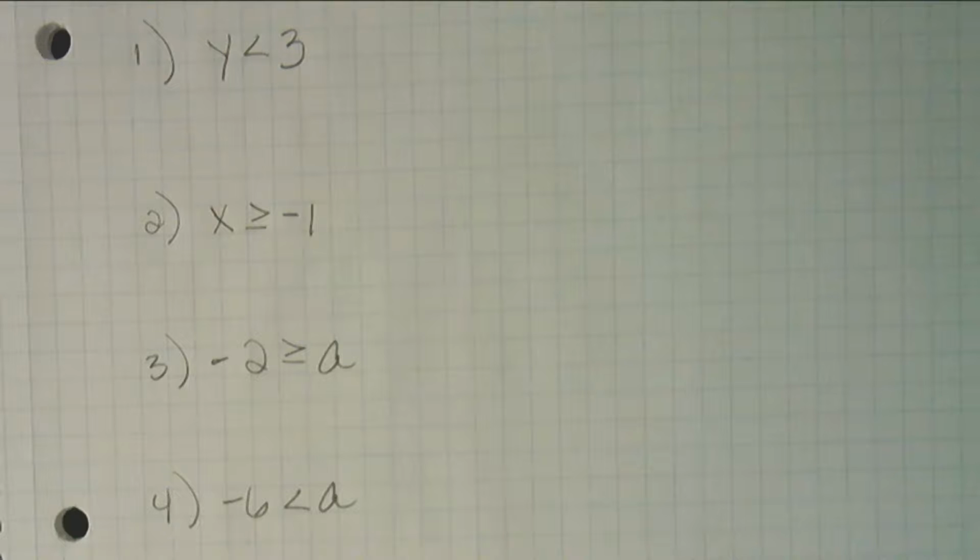Not what does the inequality say. On the last 2, I did it on purpose to trick you. But if you look and see what side of the inequality is facing the variable, that's the way that you shade.